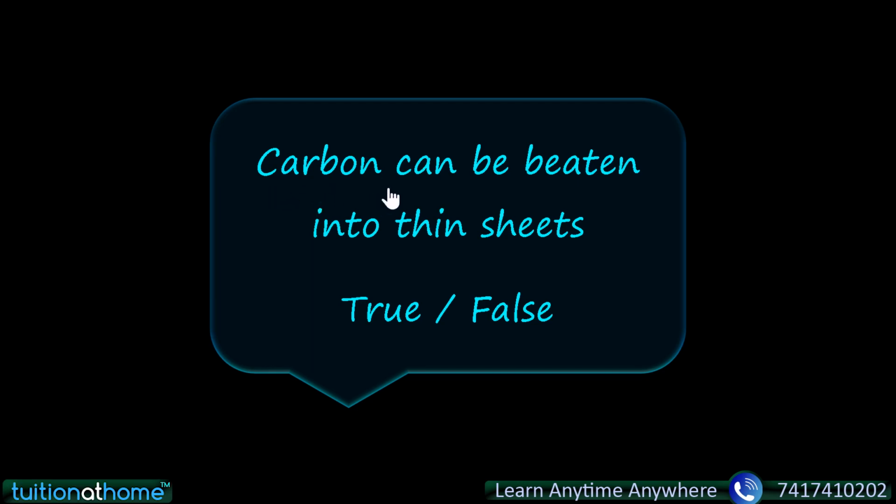You must remember that carbon is a non-metal. Non-metals are non-malleable, which means they cannot be beaten into thin sheets, so this is false. I am giving you a number of questions here, students, so that you know the approach to them.